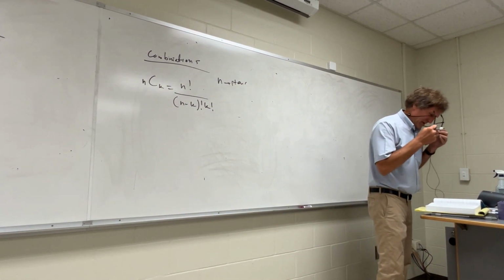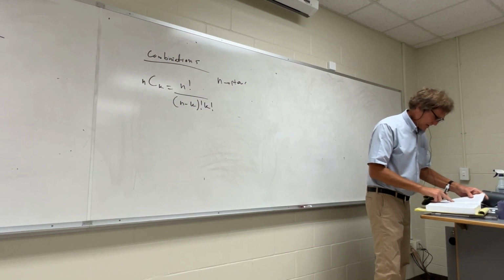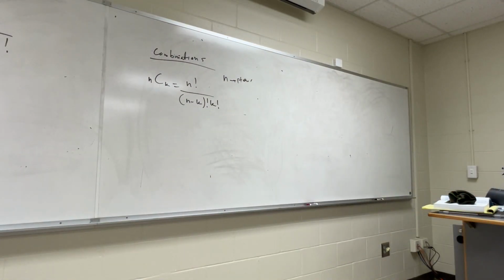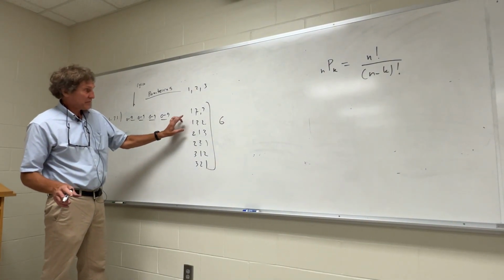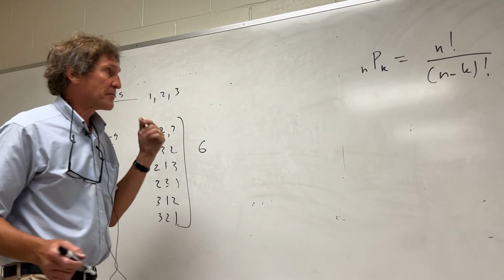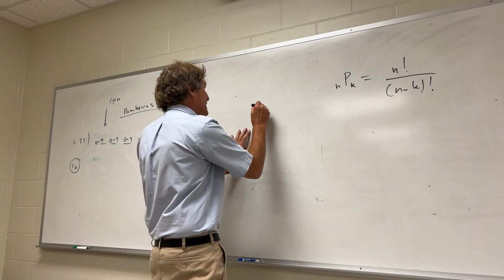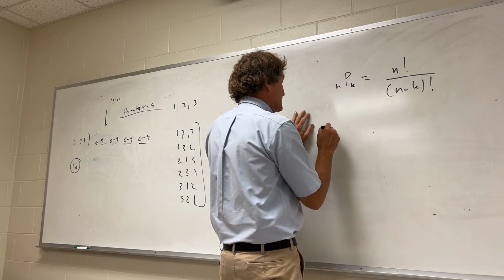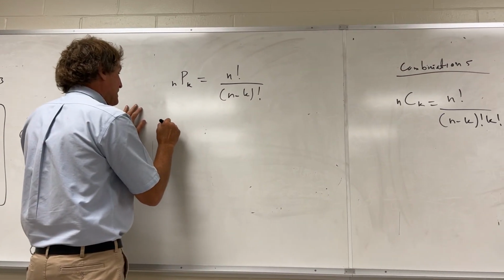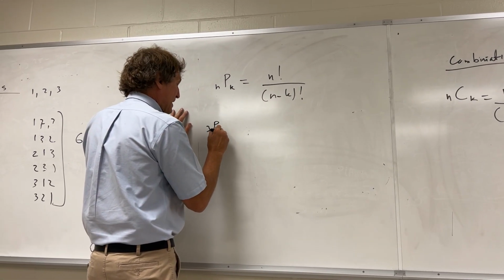So for 31, right here, if we have just 3 numbers that are unique, how many different ways can we take them? So it would be 3, and this is going to be 3 at a time.